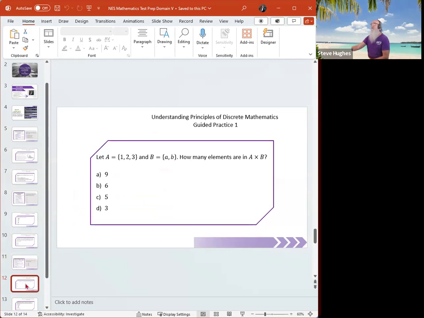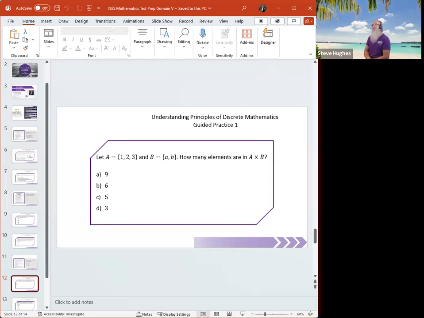All right, next one. Next one wants me to look at the cross product that says I have 2 sets, A and B. A has 3 elements, B has 2 elements. It asks me about the cross product.